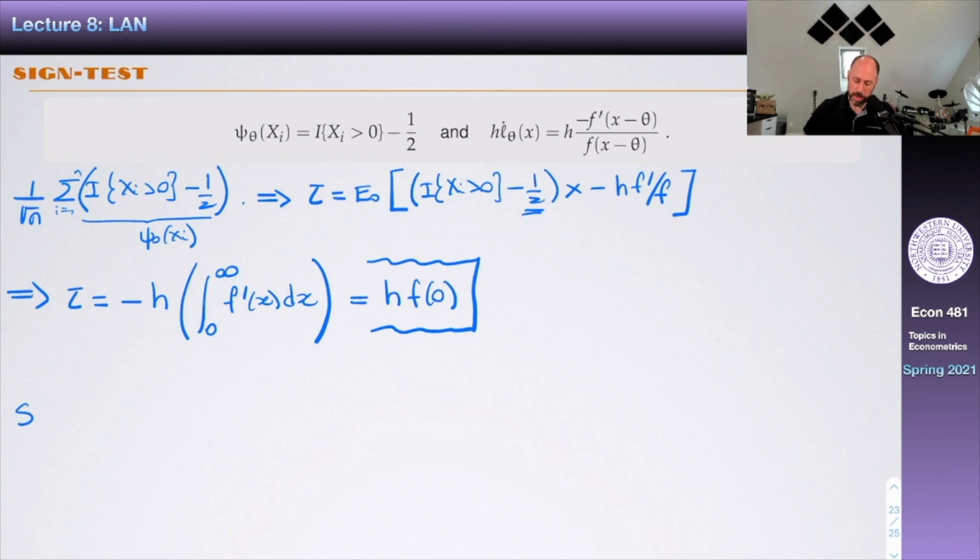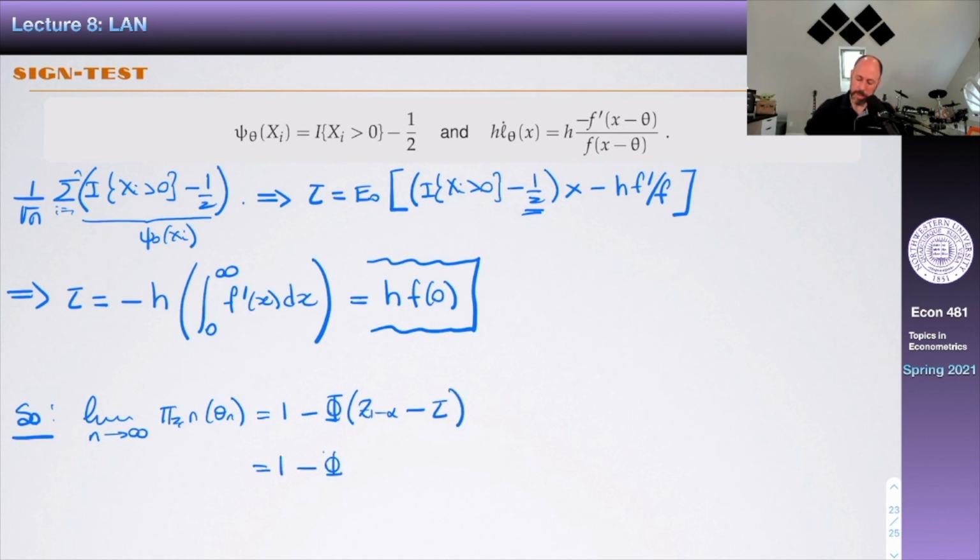And then this is just h f of 0. And so the limit as n goes to infinity of the power of the sign test along the sequence of local alternatives is 1 minus the CDF of a normal at the quantile minus tau. And this is 1 minus the CDF of the standard normal at z 1 minus alpha minus h f of 0.